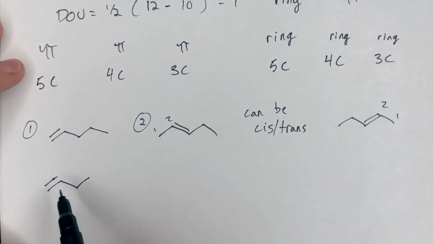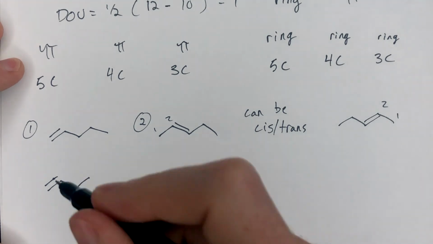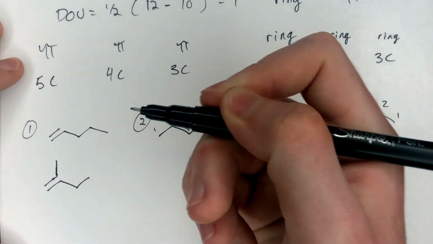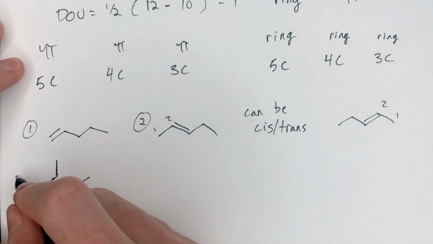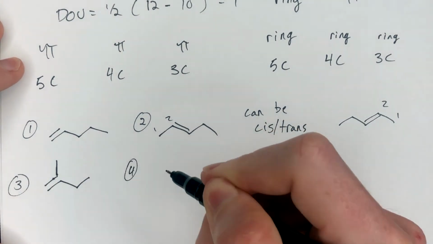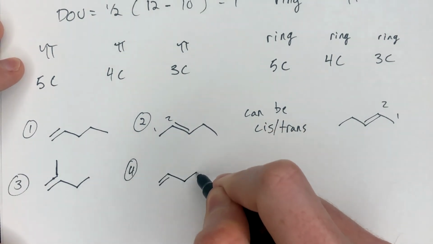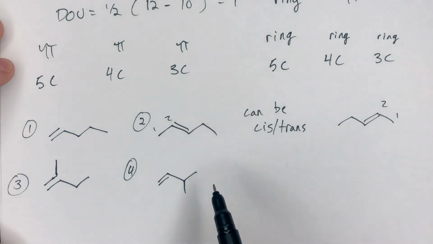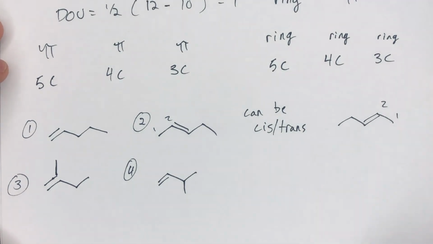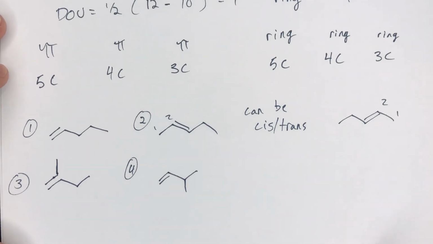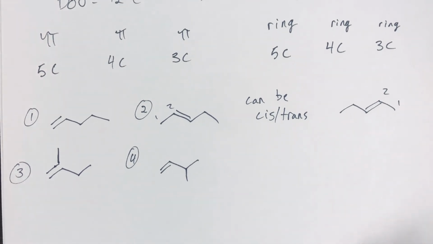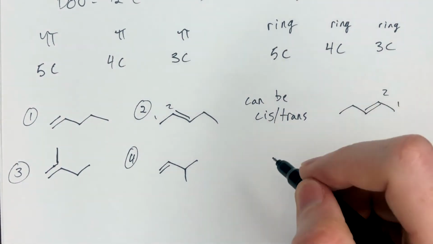So that means we can only put the methyl group at the 2 or 3 position. So let's put it at 2. This is now 1 isomer, and then we can put it at 3, which is the other isomer. Again, we cannot put it at 4 or 1 because that elongates the chain. So those are all the options you have for a 4 carbon chain. Let's move to a 3 carbon chain.